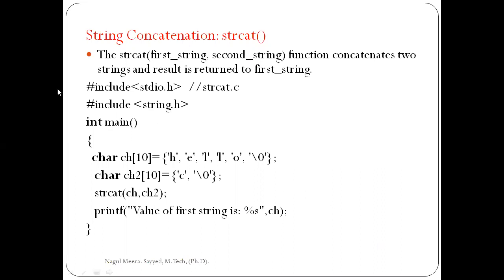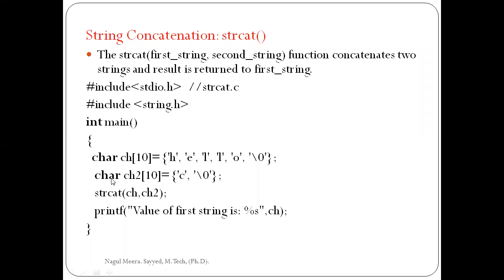Now, the example program. This is my standard IO header file, and this is my string header file. In main, char ch can store 10 characters. I am initializing it with hello.